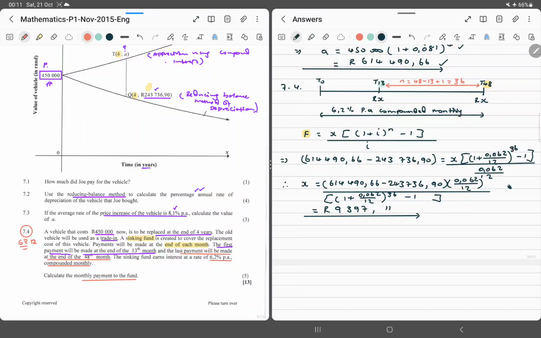So how do we get these marks? Calculating the sinking fund value is important, and getting the period was important, and the general substitutions 3 marks, and the final answer is a mark. And probably working that interest like that is where the 5th mark is.